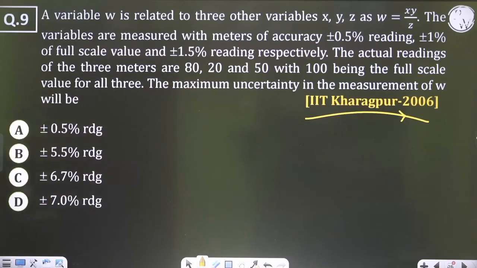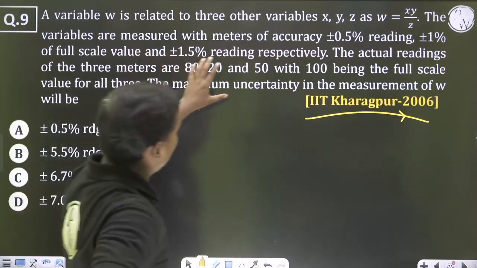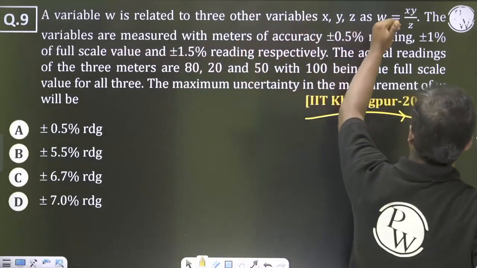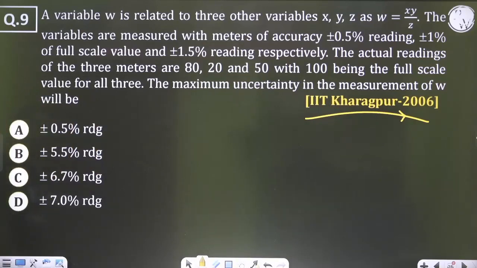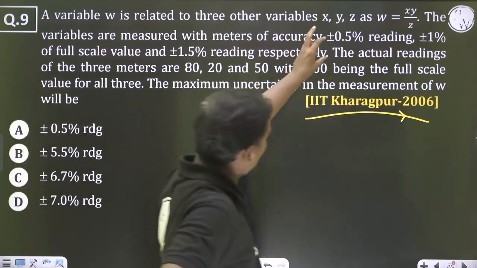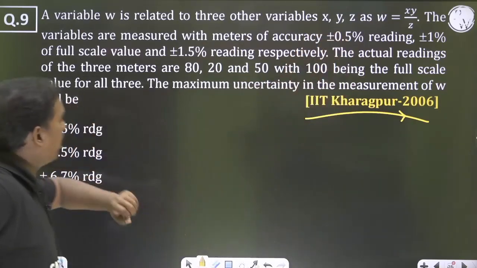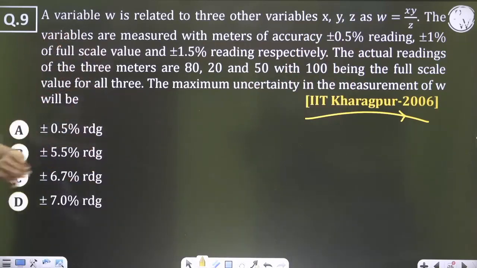Question number 9. A variable W is related to three other variables x, y, z as W is equal to xy by z. The variables are measured with meters of accuracy plus or minus 0.5% of reading, plus or minus 1% of full scale value, and plus or minus 1.5% of readings respectively. Please have patience.